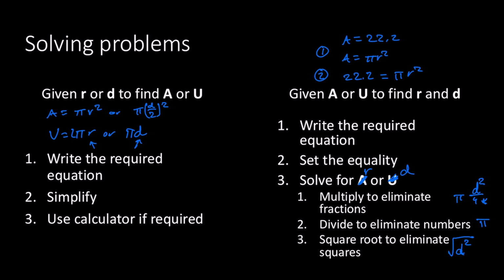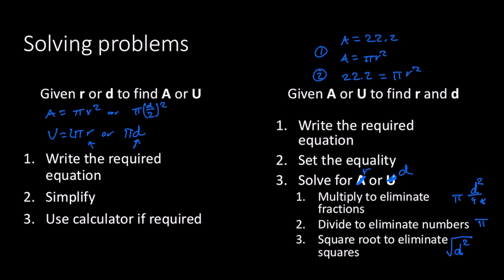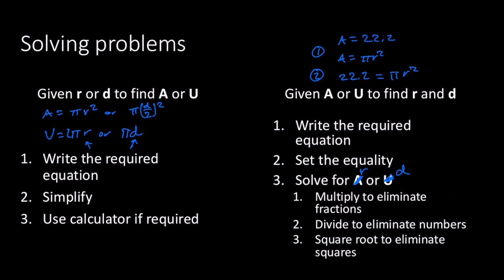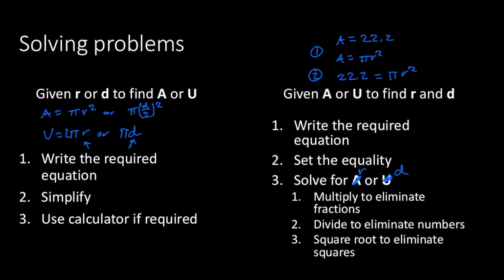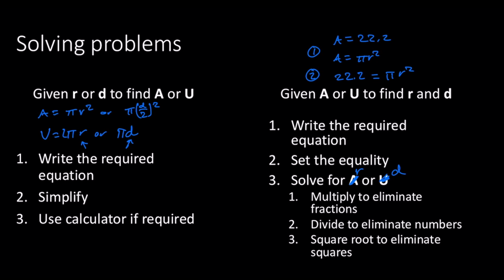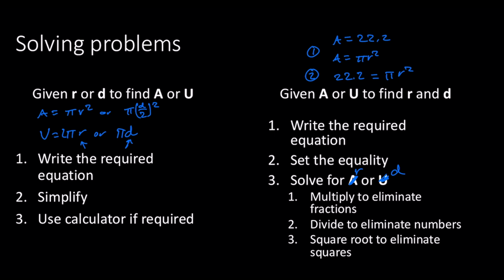It's a little bit more tricky if you start out with the area or the circumference. Basically you first need to write your equation, then set it equal to what they gave you, and then step 3 is to use these 3 rules.